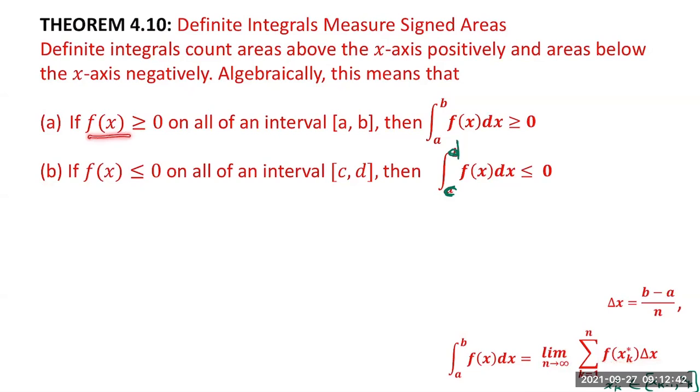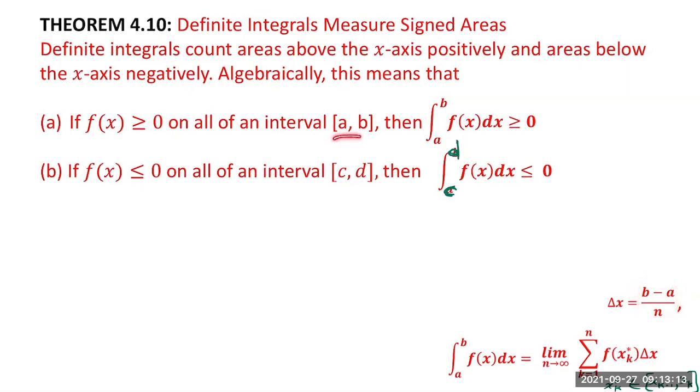As you can see, if your function f of x is greater than or equal to 0 on this interval, this number is greater than or equal to 0, because you pick this xk star from a sub-interval in the interval a comma b. We know that in this entire interval, your f of x is greater than or equal to 0. That means this number is greater than or equal to 0 for any xk star. And we also know that delta x is b minus a over n.